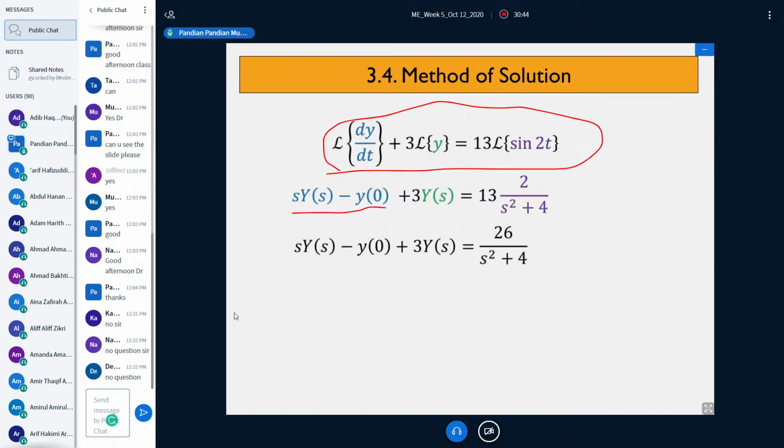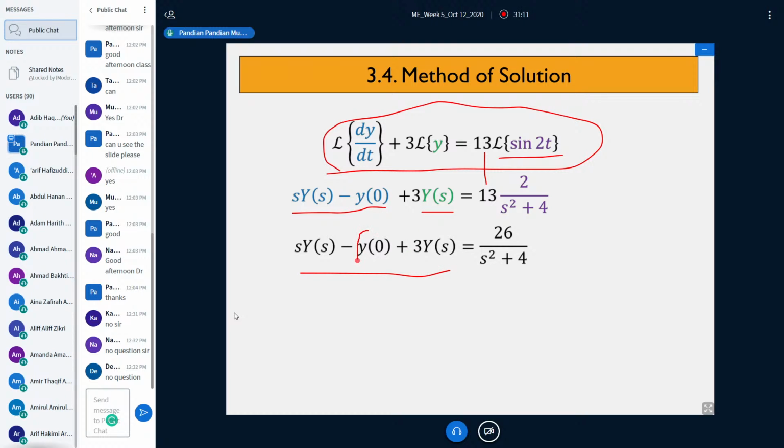We need that table. sY(s) minus y(0), and then 3 times Laplace of y, which is capital Y(s), equals 13 times Laplace of sine 2t, which is 2 over s squared plus 4. So 13 multiplied by 2 is 26 over s squared plus 4. And this one, sY(s) minus y(0) plus 3Y(s), you write down first.